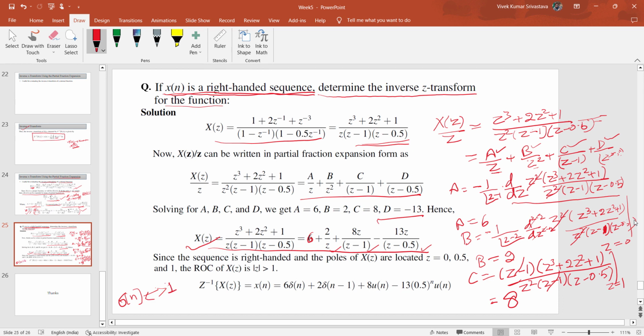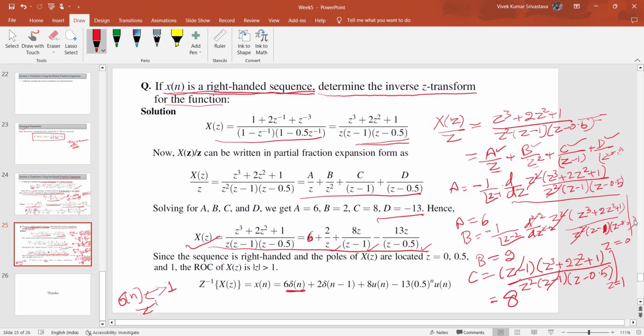So when you take the inverse z transform, delta of n will come here. Similarly here, z inverse is there, which means multiplication with z raised to the power minus 1 in the z domain, that is a delay. Corresponding to that, you will get the signal delta of n minus 1. That's why delta of n minus 1 came here.